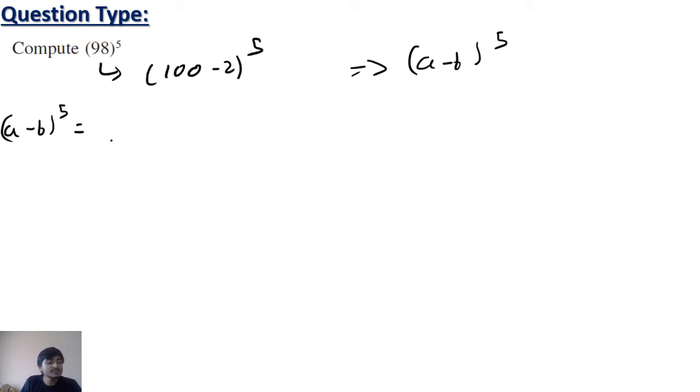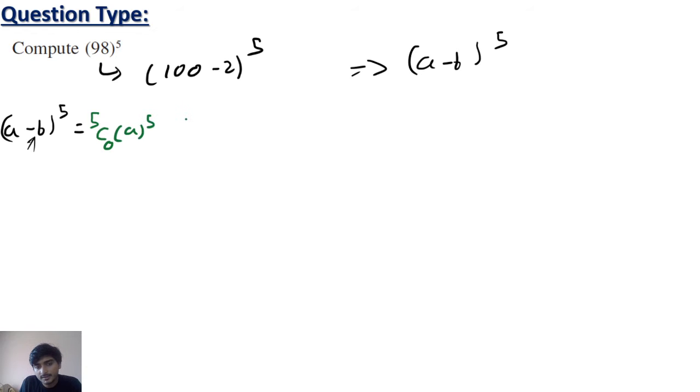first I will just write all the six terms as it is, and then we will see wherever this minus sign comes. So assume a plus b to power 5 was there. This will always start with 5c0, a to power 5.